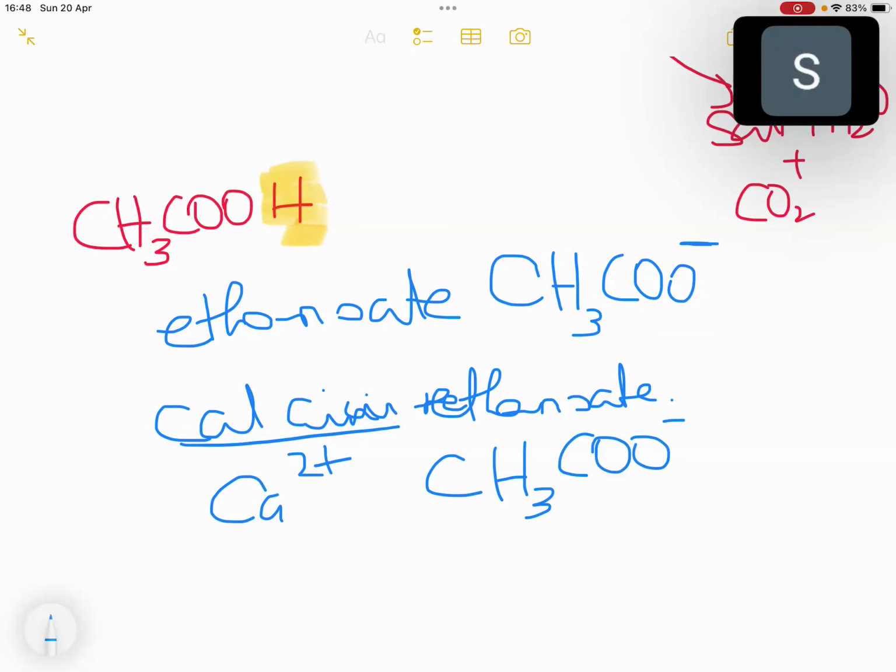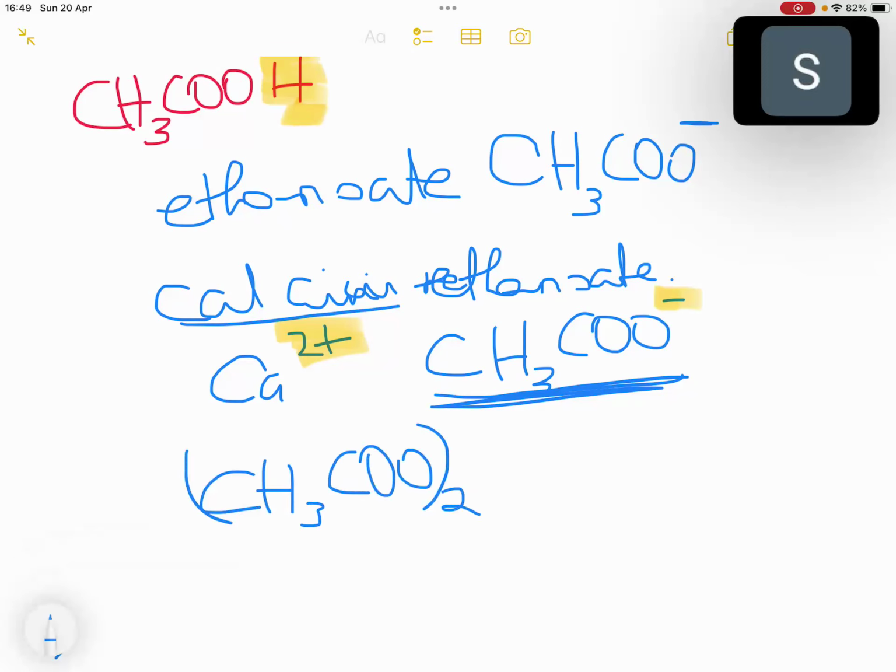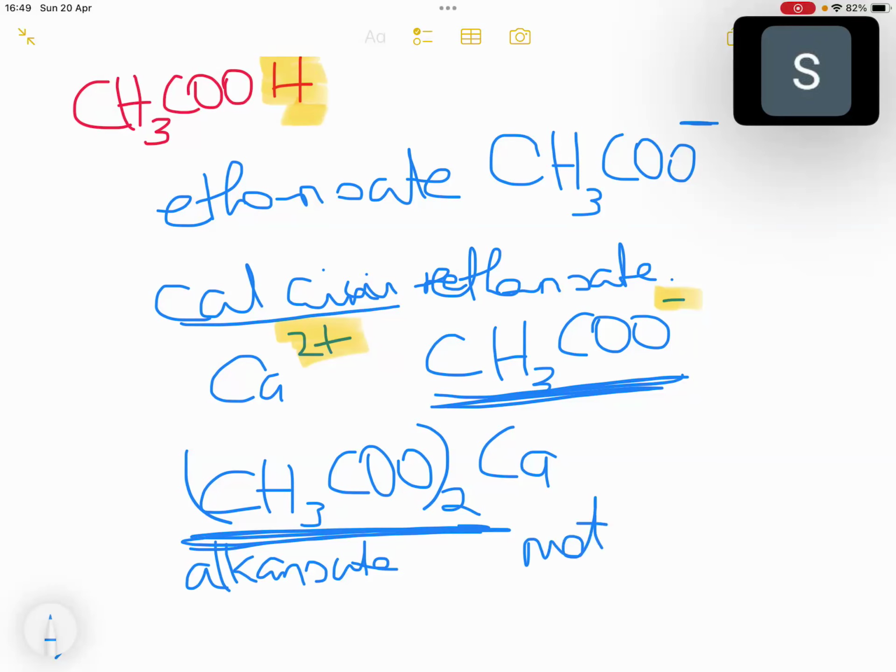But in the salt, this comes first. So if we're forming calcium ethanoate, this is the formula. Calcium is 2+. So to get rid of the 2+ charge on the calcium, we're going to need 2 ethanoate ions. So it's going to be (CH3COO)2Ca. So for your organic salts, you put the anion first, or the alkanoate ion first, and then you put the metal.